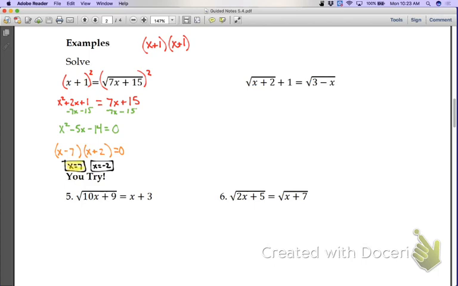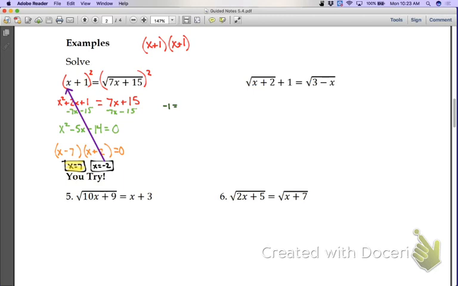It's okay to get a negative answer. I just can't get a negative inside the radical. So if I plug the negative 2 right back in here, what's negative 2 plus 1?